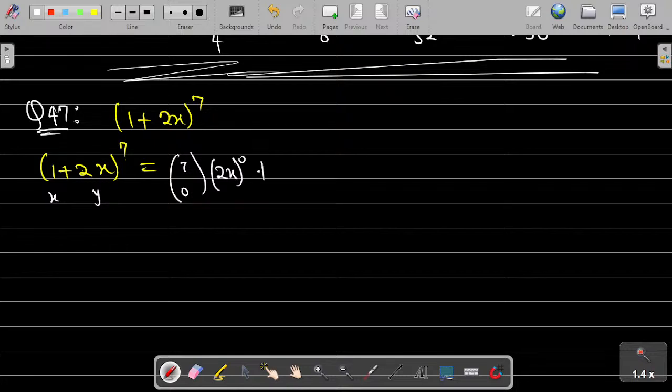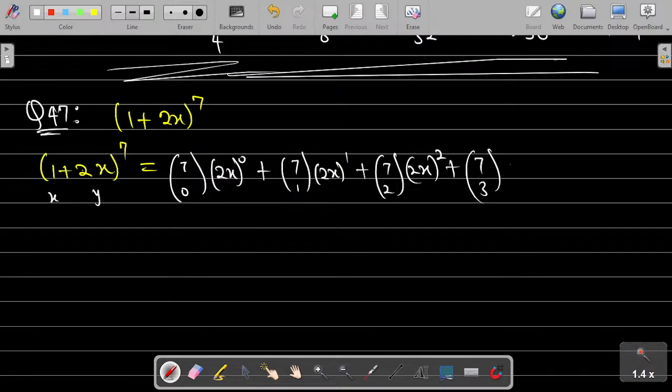So plus the other one, 7 combination 1, and then 2x to the power of 1. Then the next one, 7 combination 2, and then 2x to the power of 2. Then 7 combination 3, and then 2x to the power of 3, and then 7 combination 4, and 2x to the power of 4.